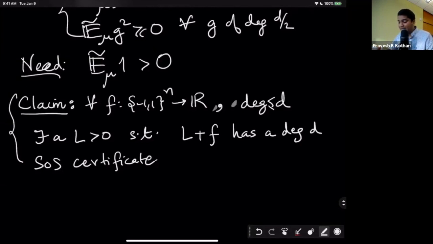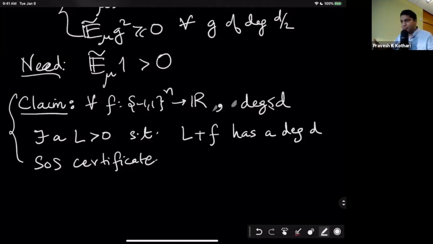So what this lemma in that particular case is saying is that for every polynomial f, there is some large positive value that you can add to it to make it always non-negative, which is obviously true, right? If f is a polynomial, take its minimum value. Let's say it's minus L. Add L to the polynomial. Now it's going to become always non-negative.